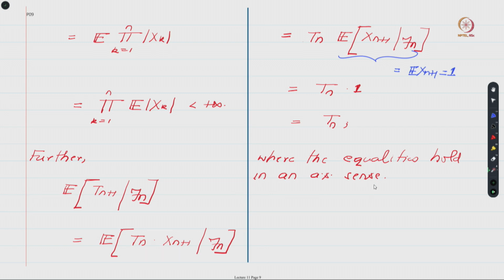Now let me summarize today's class. In today's class we looked at the definition of a Martingale, and we also looked at the definition of a Martingale sequence. Then we looked at two very simple examples of Martingales.